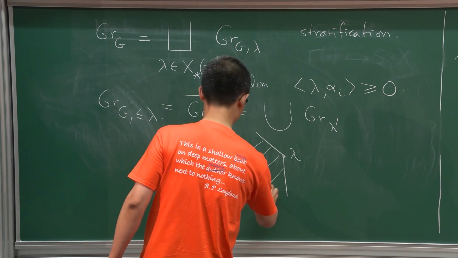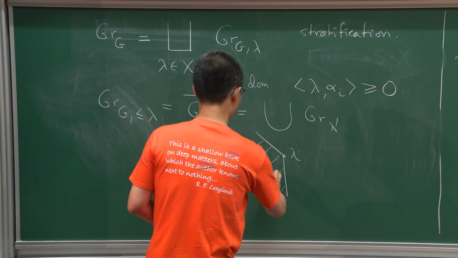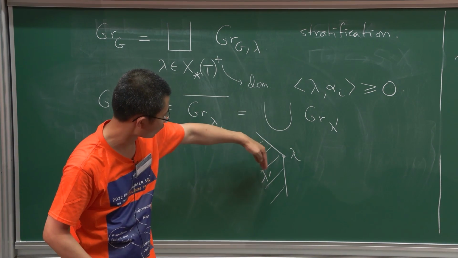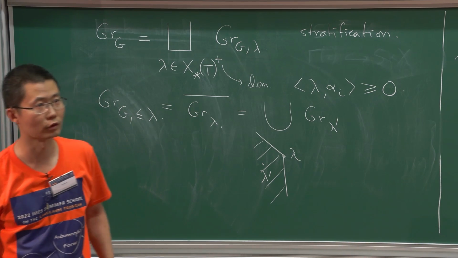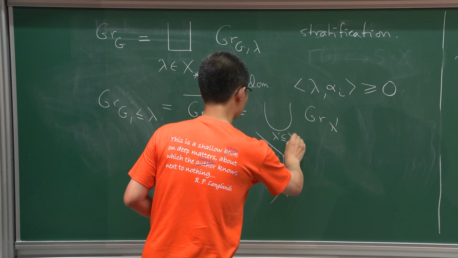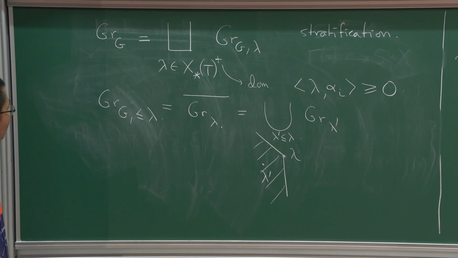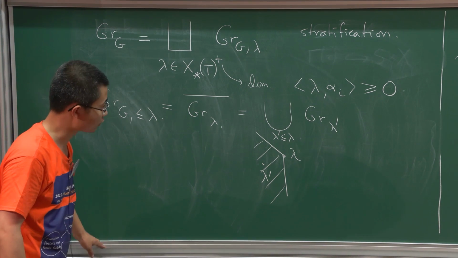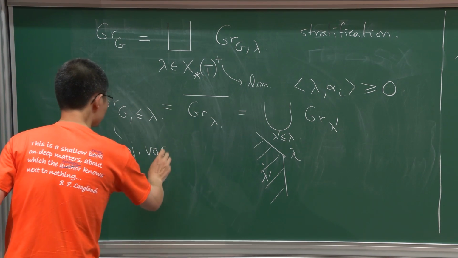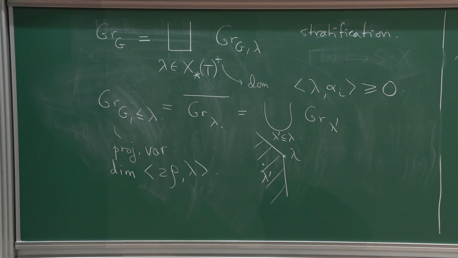So you subtract from lambda some linear combination of positive co-roots. So that's the partial order you put on this set. Okay, so this is a projective variety of dimension 2 rho paired with lambda.